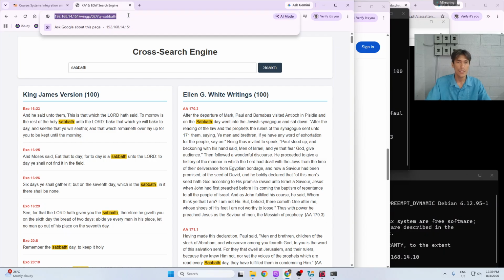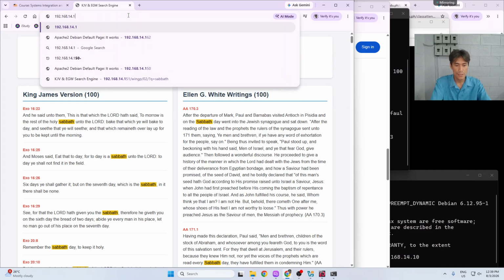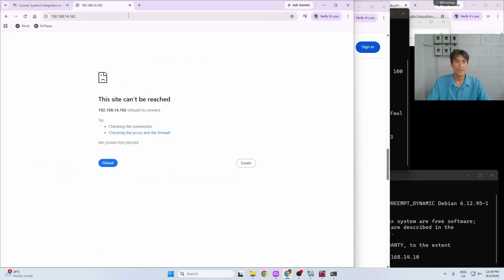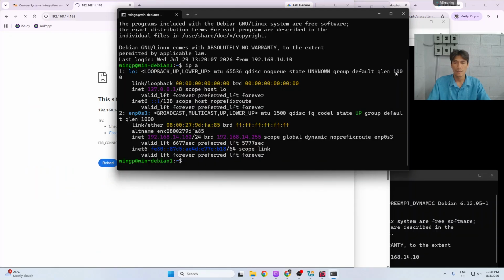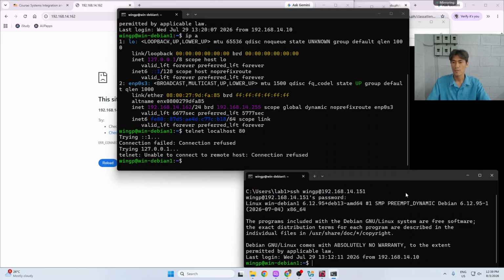No wonder it's not working because there's no 162. Voila. 192.168.14.162. Walang Apache. Ba't walang Apache to?